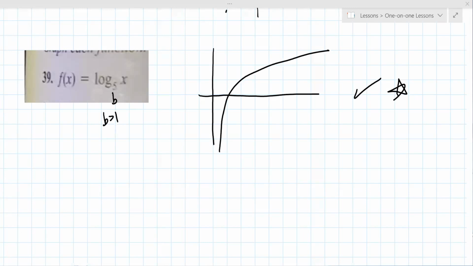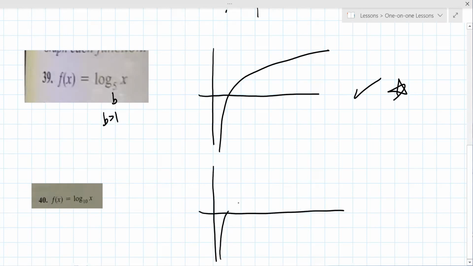Okay, so we're doing log base 10 of x. So it has the same shape. You could literally draw the same graph I just created. If you were to overlay the two, though, it would be slightly different, meaning one would be under another.